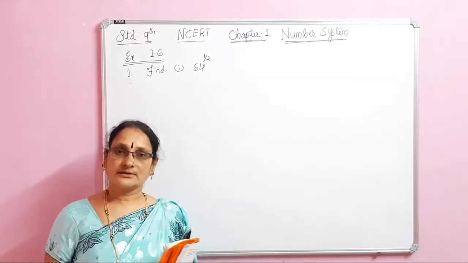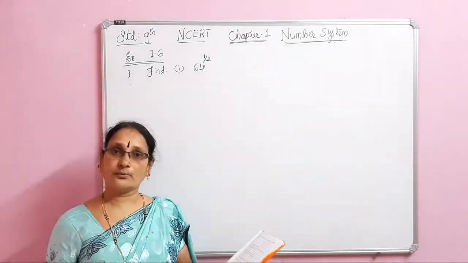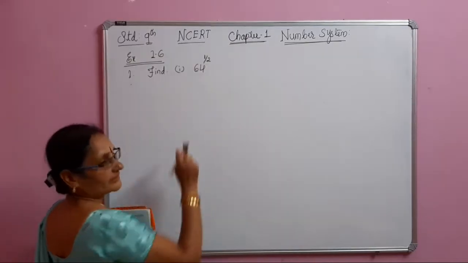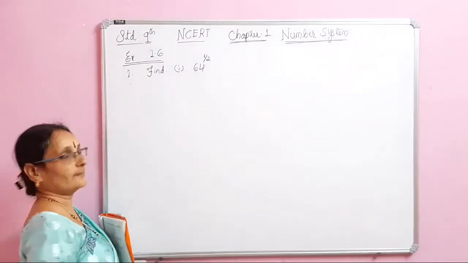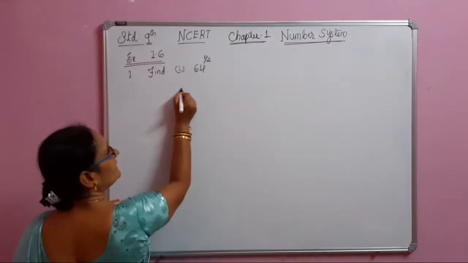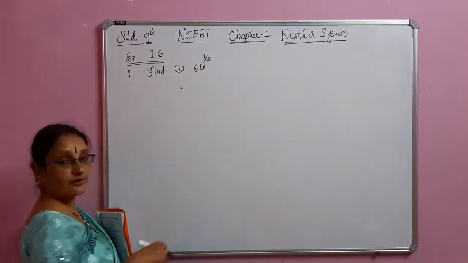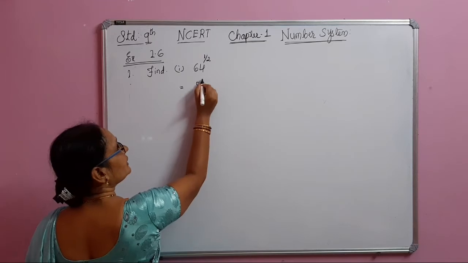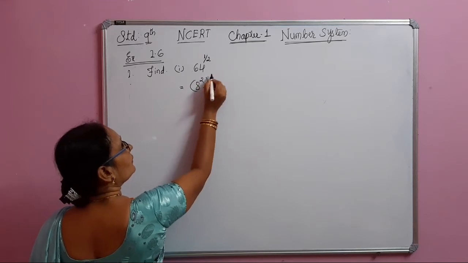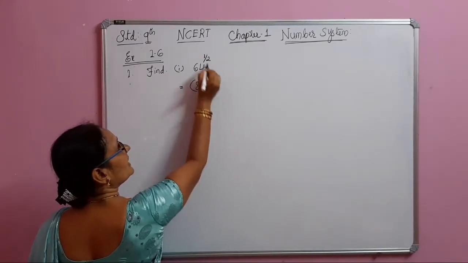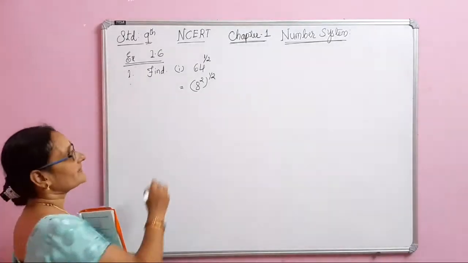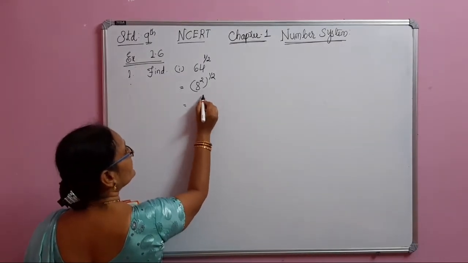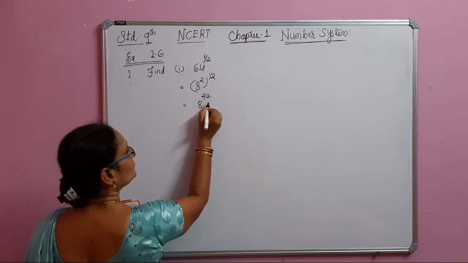Okay students, let me solve exercise 1.6. The first problem is 64 to the power 1 by 2. First, 64 we will write in terms of powers. 64 can be written as 8 squared, whole to the power 1 by 2. Then this is 8 to the power 2 by 2.